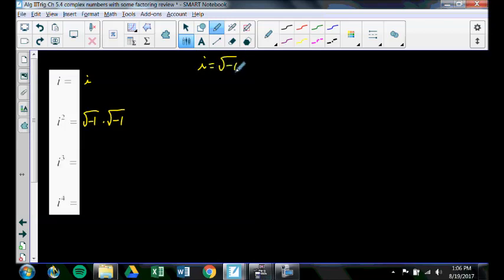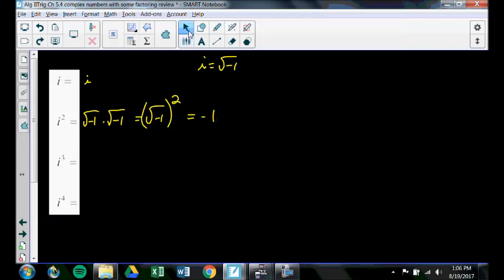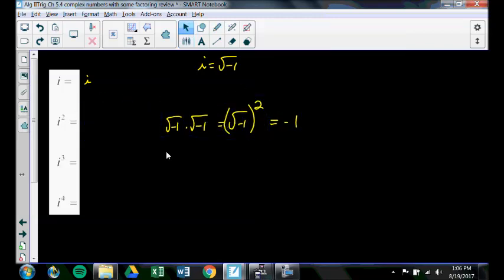Well, that's the square root of -1 squared. And the squares and the square roots are inverses. This is just -1. i squared is -1.